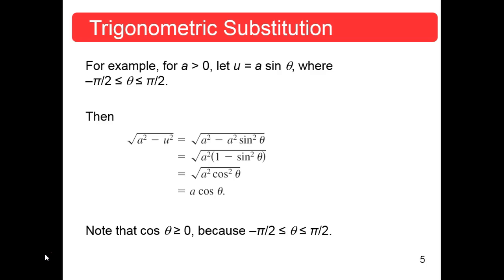Actually, yeah, because ultimately what your substitution is going to produce is this, and there cosine is positive from minus pi halves to pi halves. If you start adding those parts, then they're going to negate and wipe out. Notice that cosine theta is greater than 0 in this range.